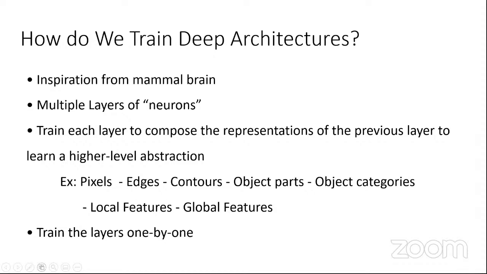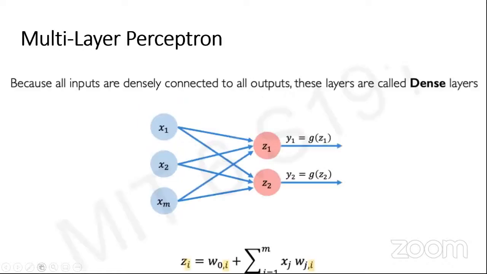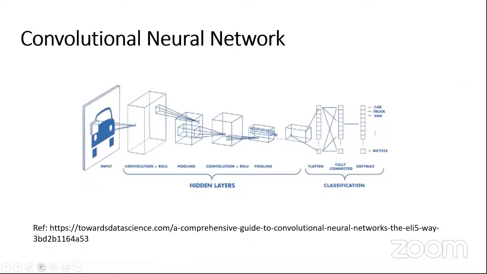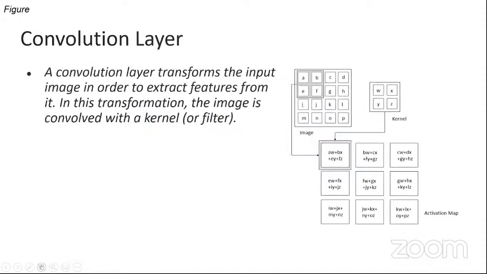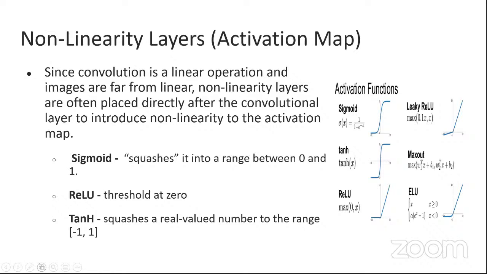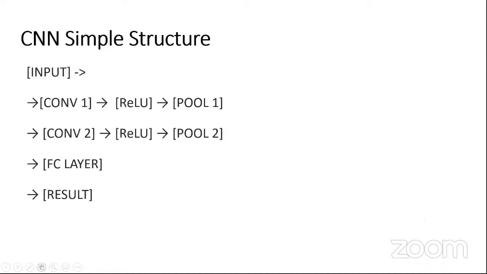This is the perceptron, and we learned what a dense layer is. We learned what a convolution layer, a pooling layer, and a fully connected layer are. Then we learned about the activation map and the various examples: sigmoid, ReLU, tanh, etc.